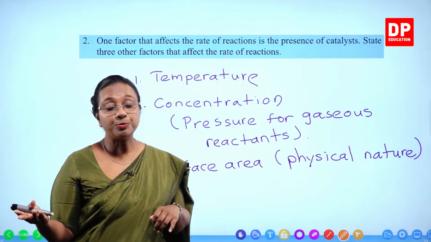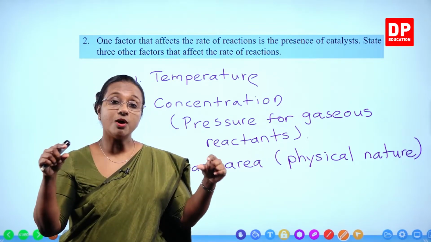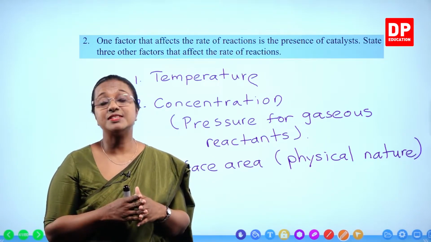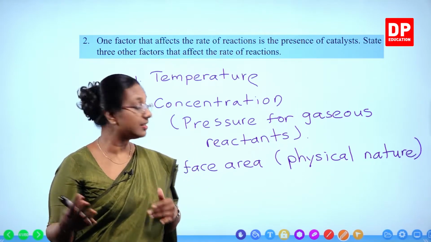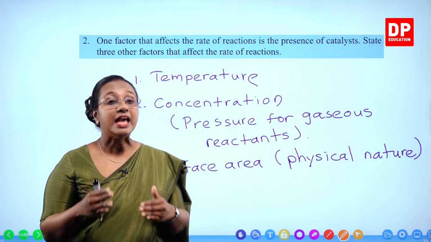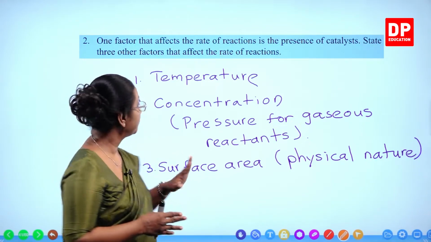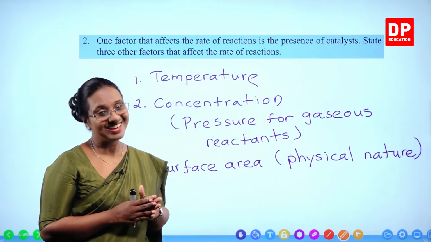When you make it into powder, then the surface area increases. Or if it is a long strip, if you break it into tiny pieces, again the surface area increases. So either way, when surface area increases, that is by changing the physical nature, then you can increase the rate of reaction. So I am sure you all can remember all these and you have written all the answers correctly.